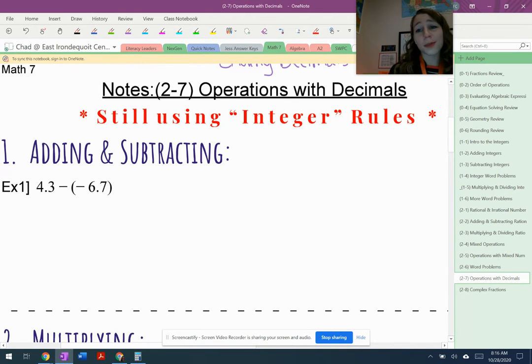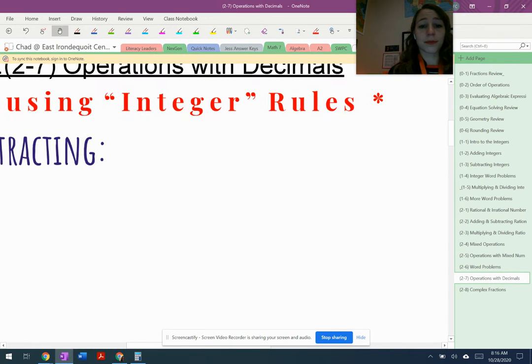again, you could just be putting these in your calculator, or at least just checking yourself with the calculator afterwards. But when you're adding and subtracting decimals, I'm going to zoom in on this.